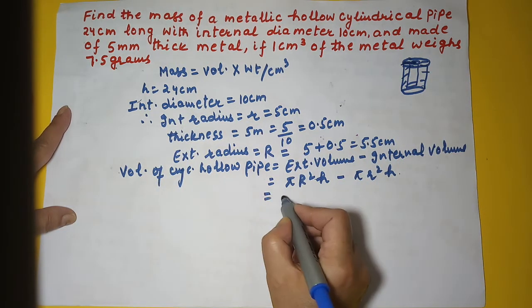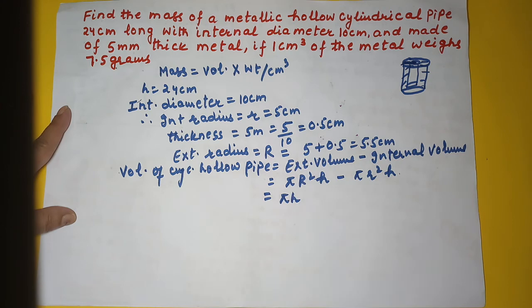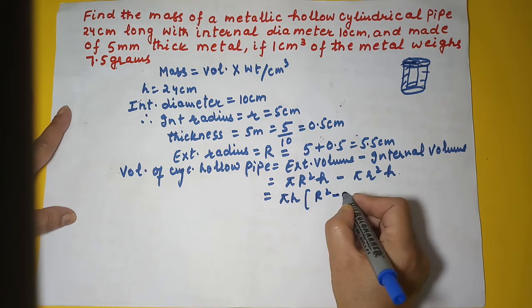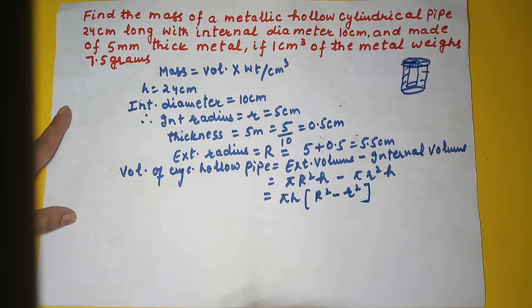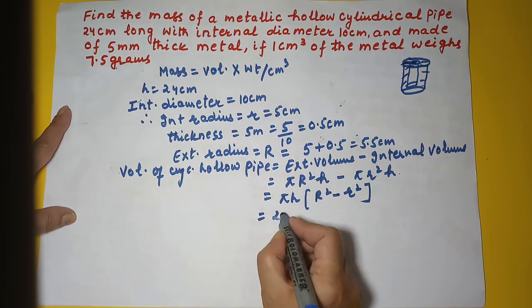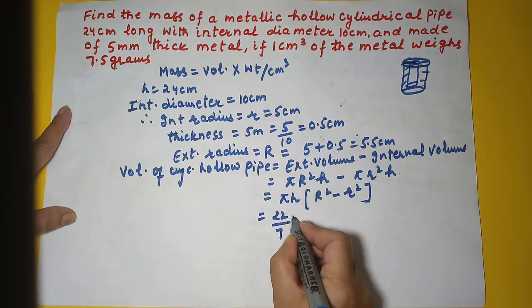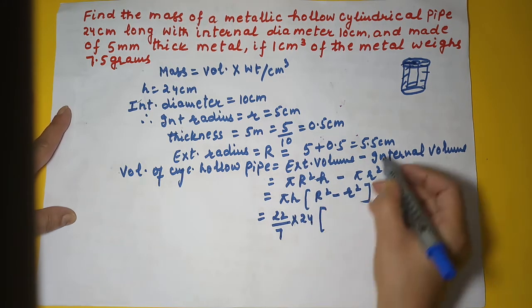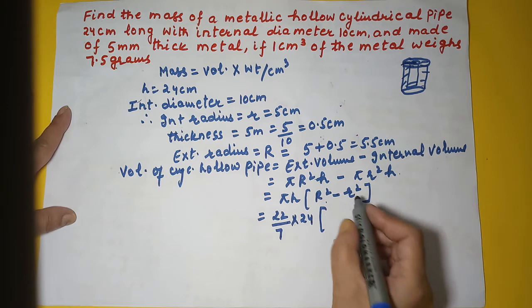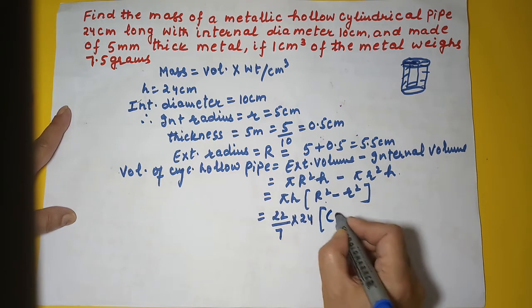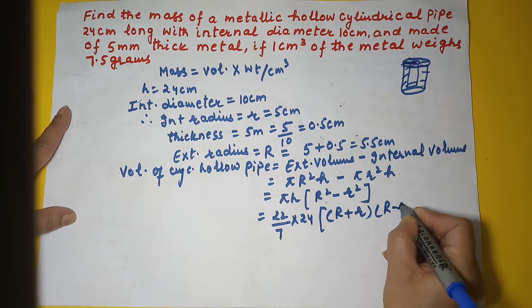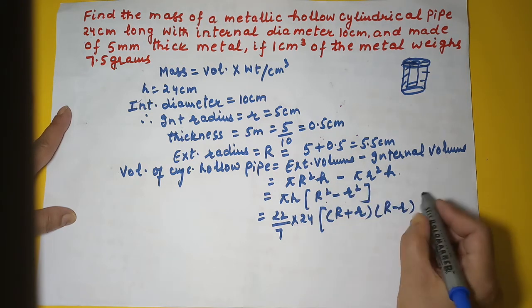So what I will do is I'll take pi and h common. So what am I left with? I'm left with R square minus r square, right? So pi I can substitute as 22 by 7. h is 24 and this capital R is 5.5. So can I make it simpler by writing this as R plus r into R minus r, because this is a square minus b square.